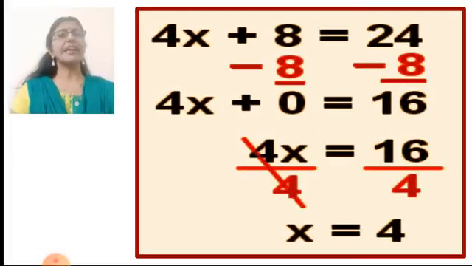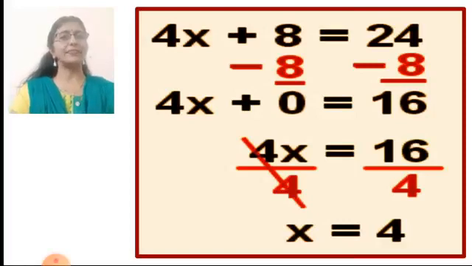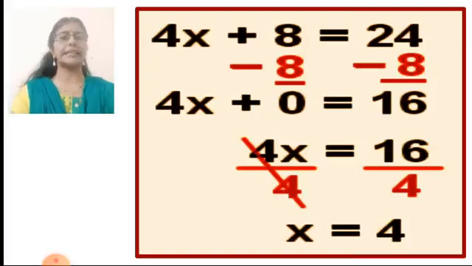In the last session we learned to solve an equation in this way. 4x plus 8 is equal to 24. To remove this positive 8, we have to subtract 8 on both sides of the equation. So it will be 4x plus 8 minus 8 is equal to 24 minus 8. You will get the new equation as 4x plus 0 is equal to 16, or you can write 4x is equal to 16.